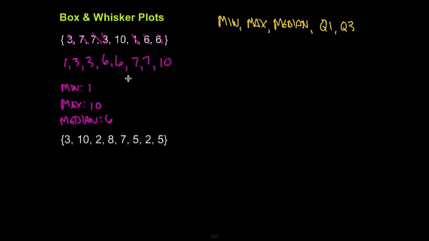Then I need to find the quartiles. The first quartile is really the median of the first half of the data. So here's my middle again. To find the first quartile, I'm going to look at this section of the data and find the middle of that.